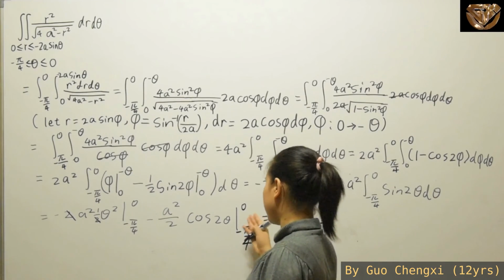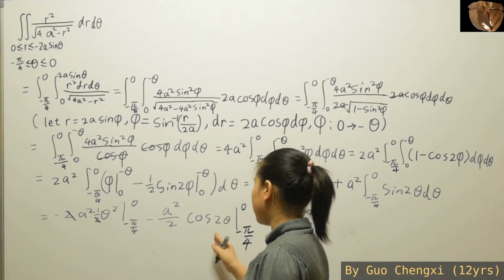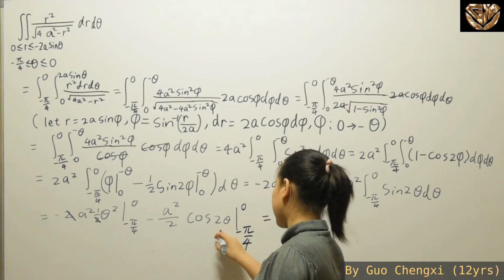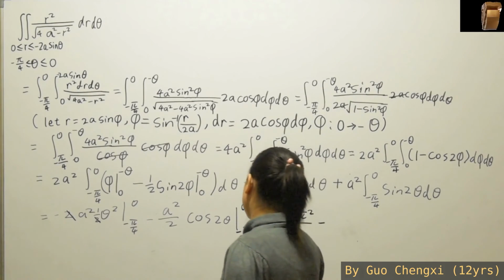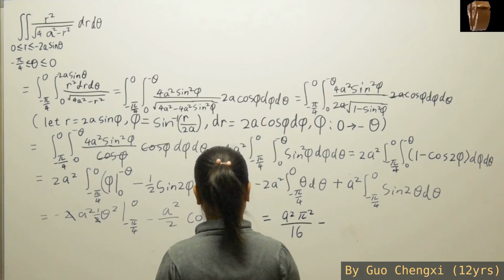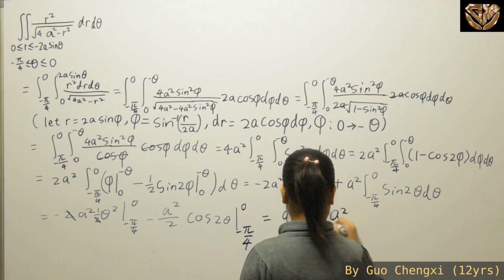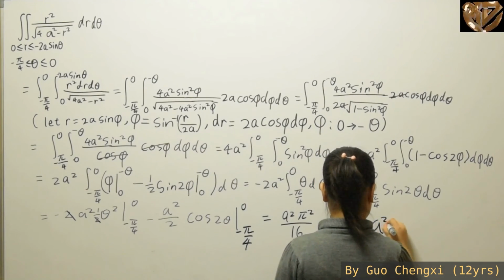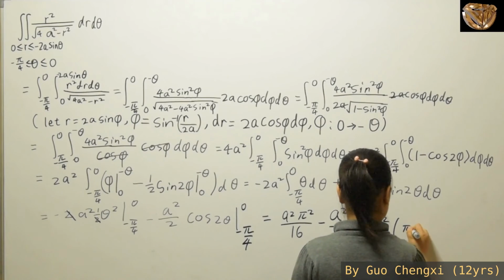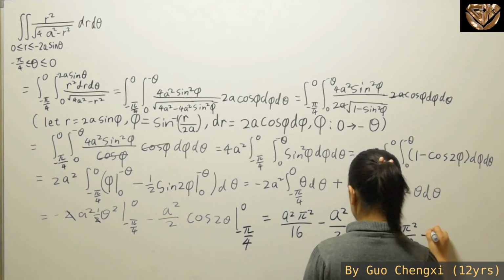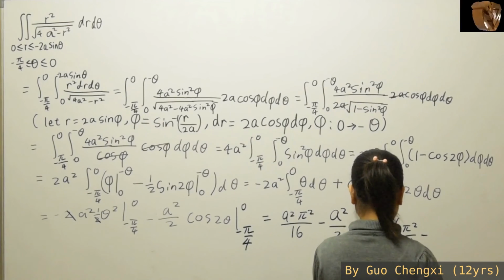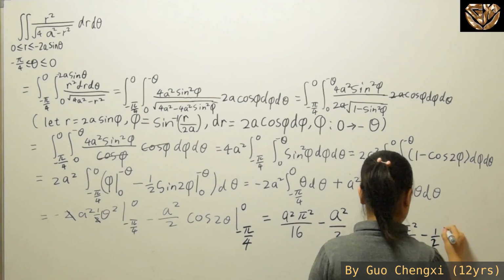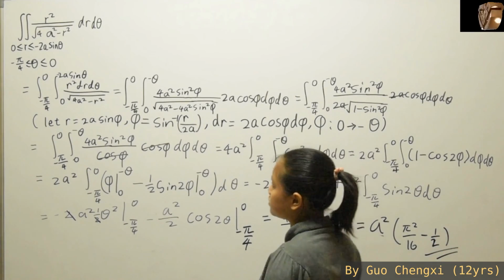When you sub 0 in, you get a 1, while if you sub in negative pi over 2, cosine of pi over 2 is 0. So you're going to get a squared over 2, which is basically like this. So this will be the result.